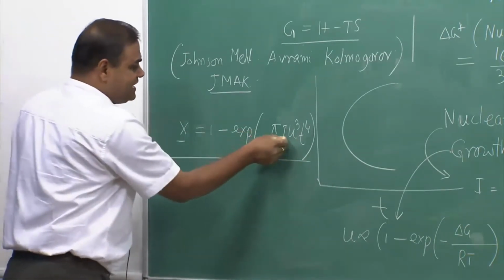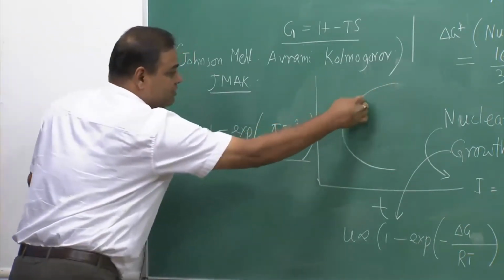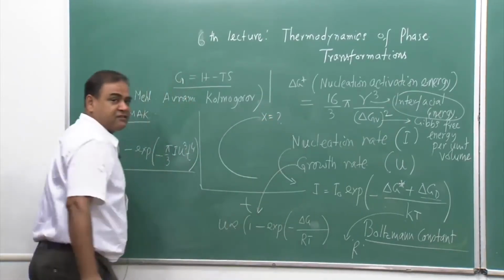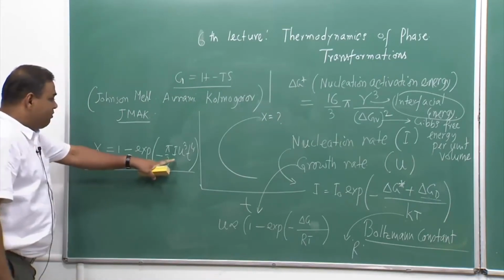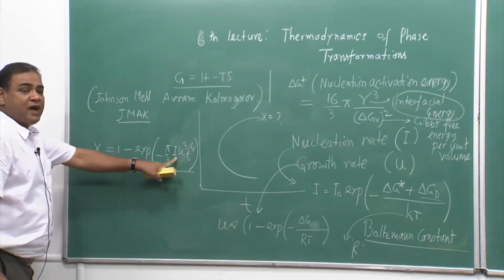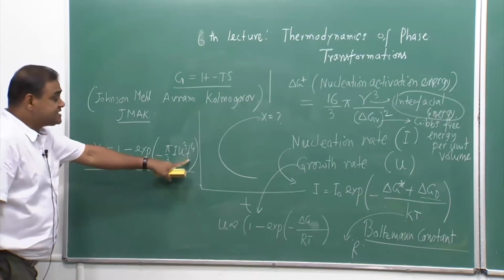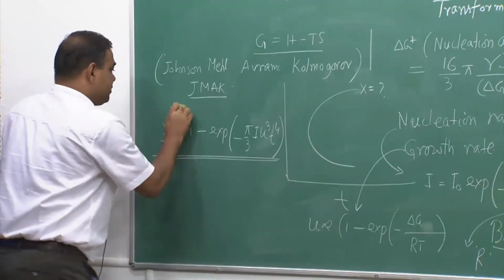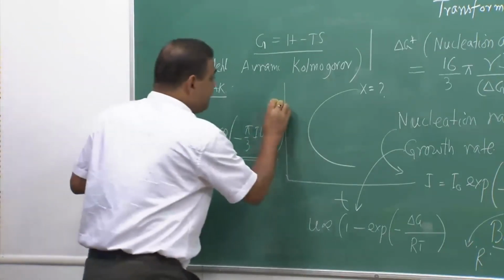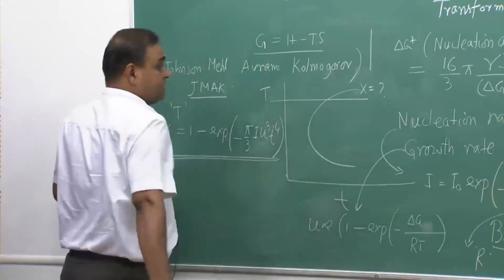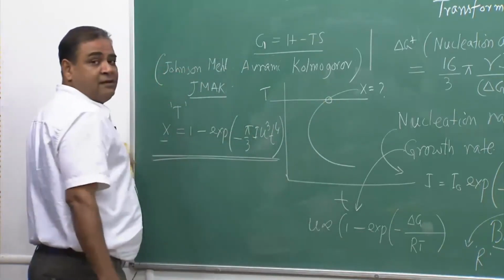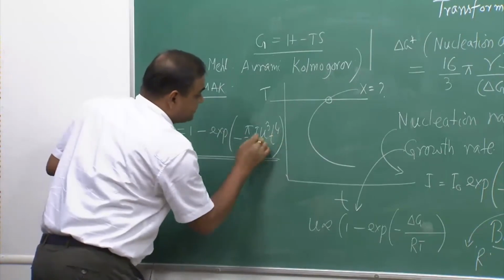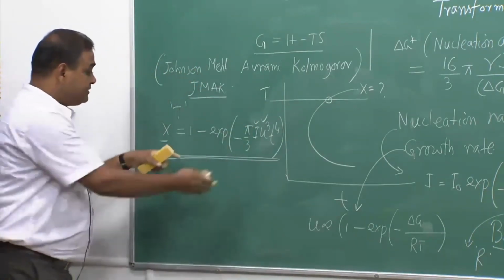This particular graph is plotted with some X value, and I need to know what my I is, what my U is, and this is the time axis, at some particular temperature T. Now, if I try to find out at this temperature, this point, when this point would appear would be decided by U and I. So, this is overall kinetics.